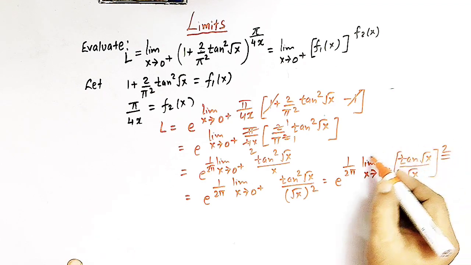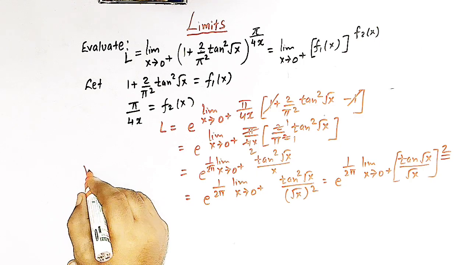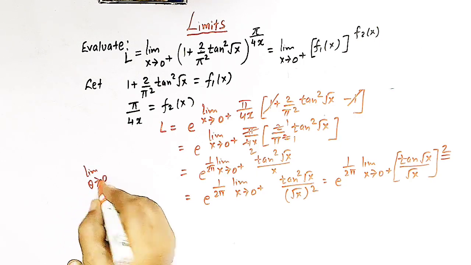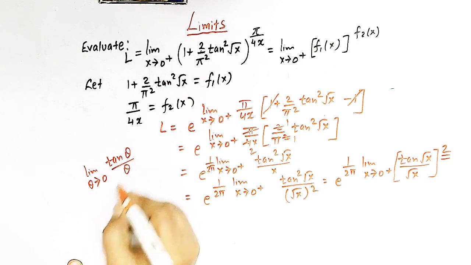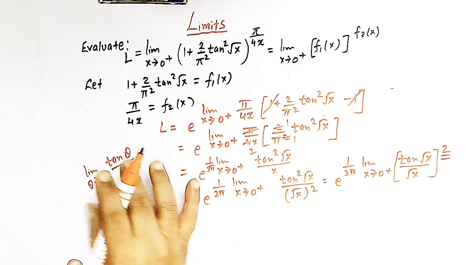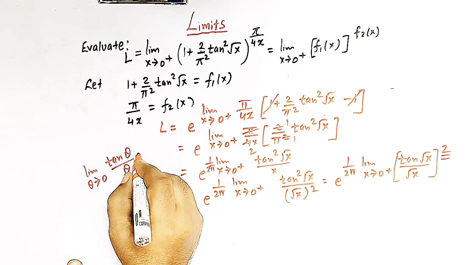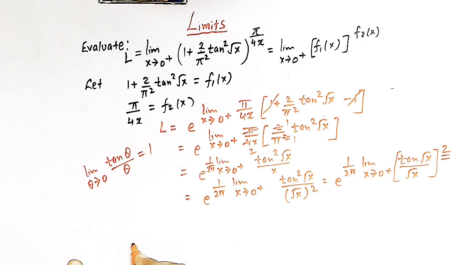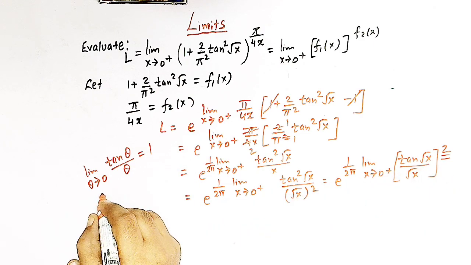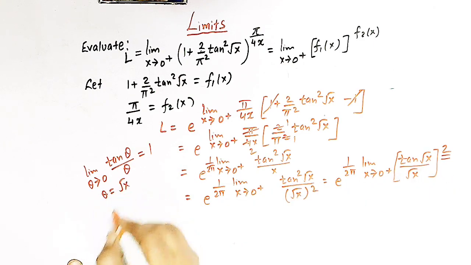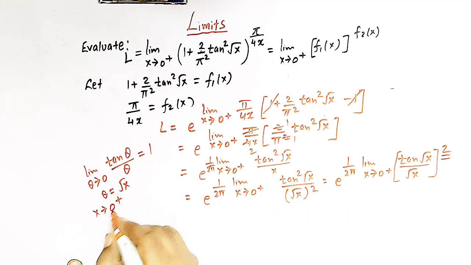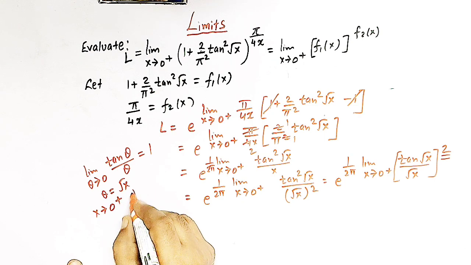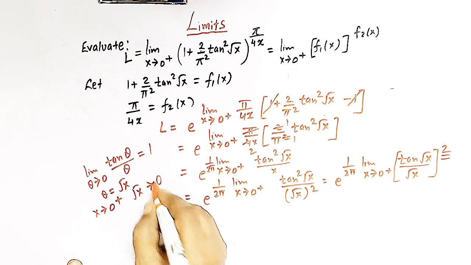Now see, this limit is of the form limit theta tends to 0, tan theta over theta. This is a standard result in limits, and this limit is equal to 1, and here theta is equal to square root of x. So when x tends to 0 from the right, square root of x also tends to 0.